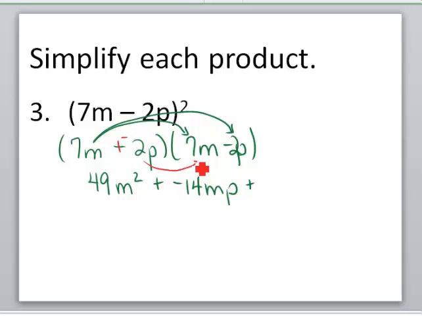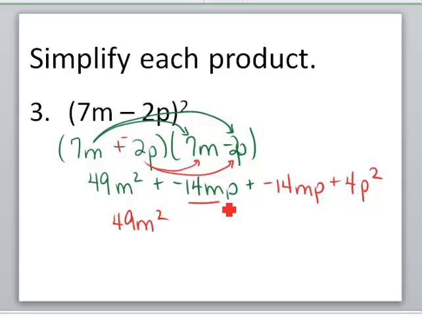So I have a negative 2 times 7, which is a negative 14, mp. And then I have a negative 2p times a negative 2p, which would be negative 2 times negative 2, positive 4. P times p is p squared. So I end up getting 49m squared. Negative 14 and negative 14 gives me negative 28mp. And then I have plus 4p squared.